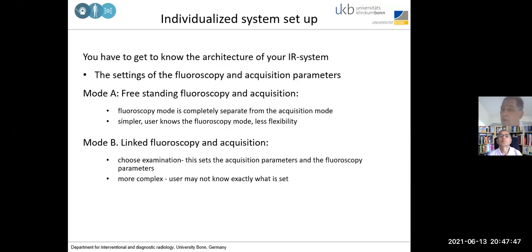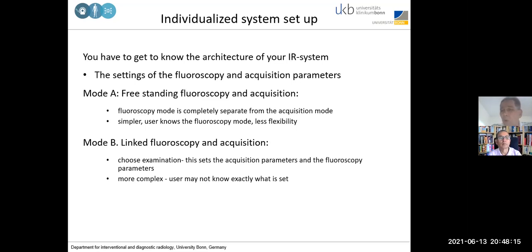The architecture of your IRS system is very important. The settings of fluoroscopy and acquisition parameters are absolutely mandatory. So you have actually two modes. One is freestanding fluoroscopy and acquisition mode, where the fluoroscopy is completely separate from the acquisition mode. This is very simple. The user knows the fluoroscopy mode and has less flexibility.